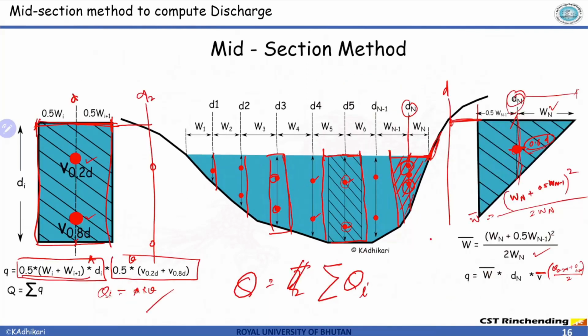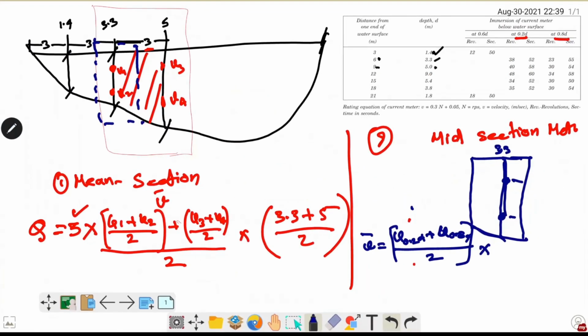We simply average out the width, which in our case is going to be 3, and we simply take the depth. So averaging the width, here is 3 and here is 3, so the width is 3 after all.